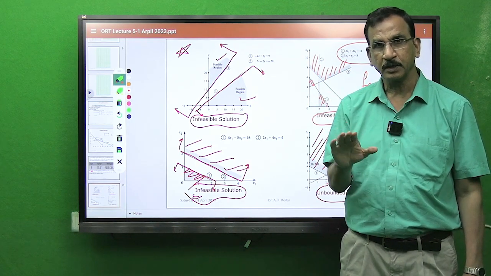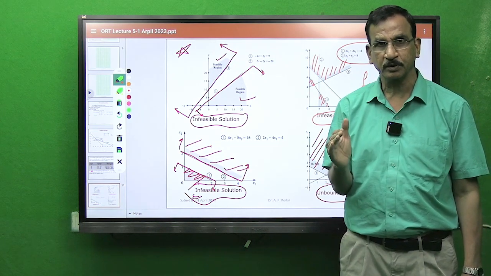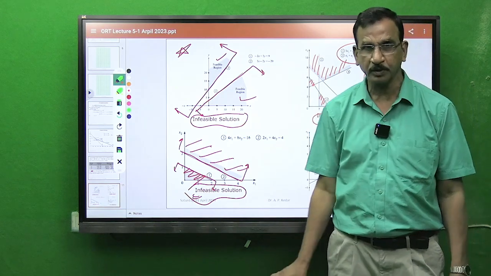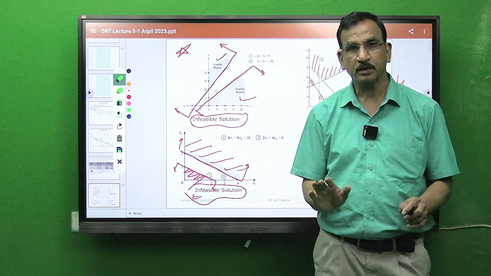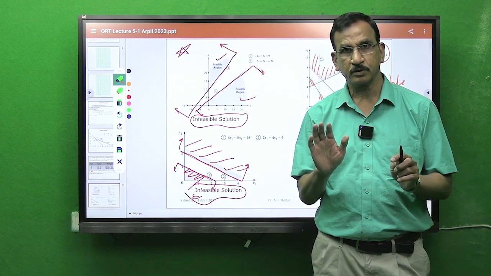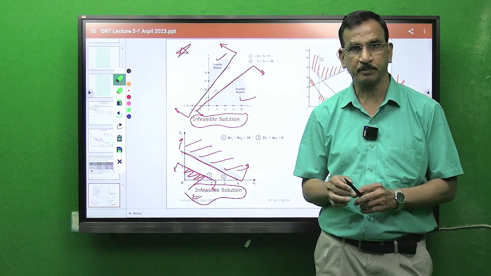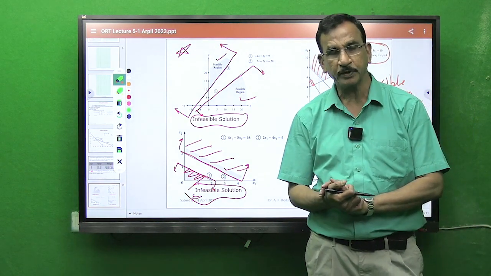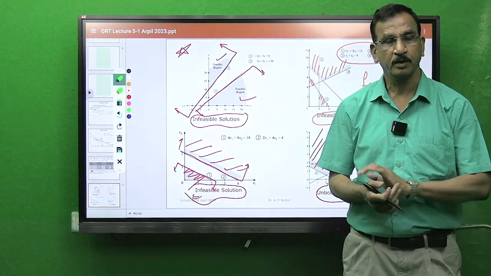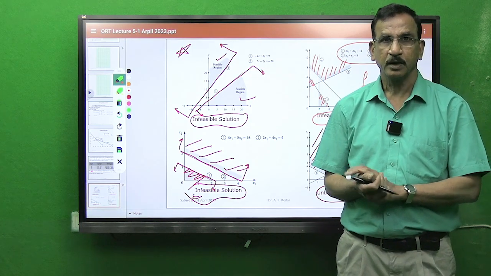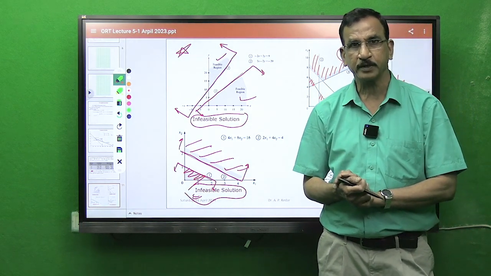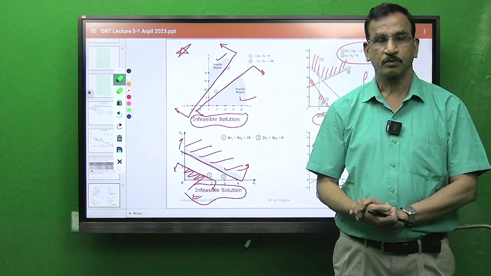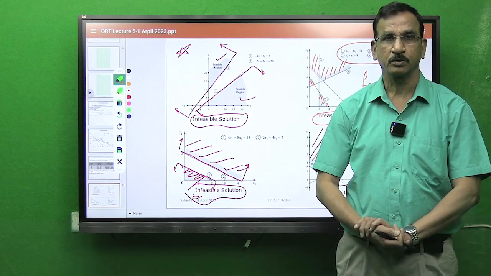And we have seen how graphically you can attempt solution of linear programming problem. So this particular topic covers entire graphical solution to linear programming problem. So here we will end our discussion on finding graphical solution to linear programming problem. From next lecture we will start with analytical solution, and that is simplex method. Till then, practice these problems from the taught course material.